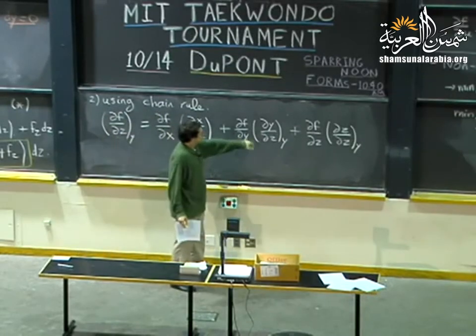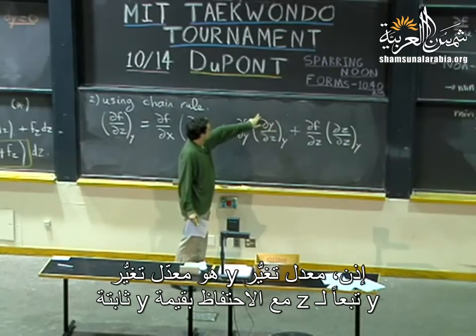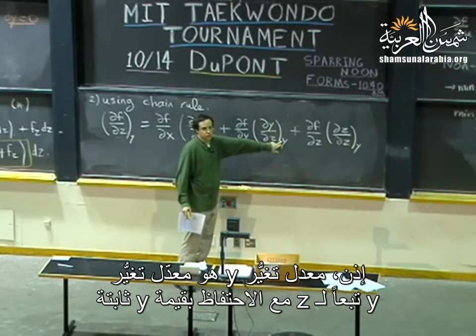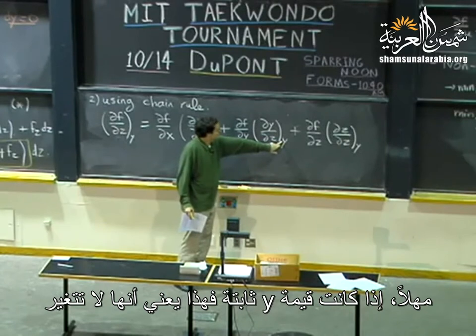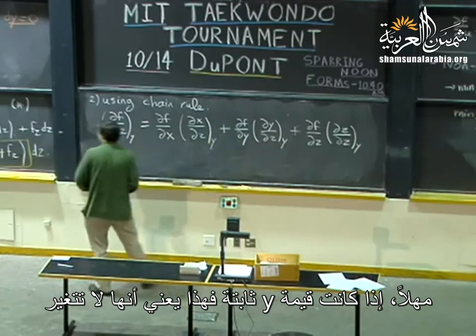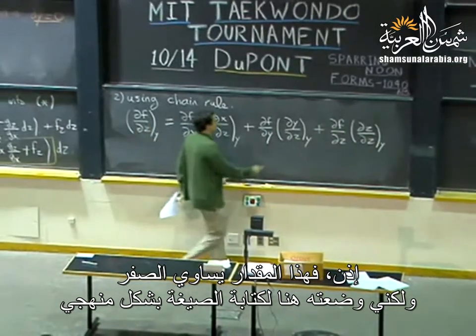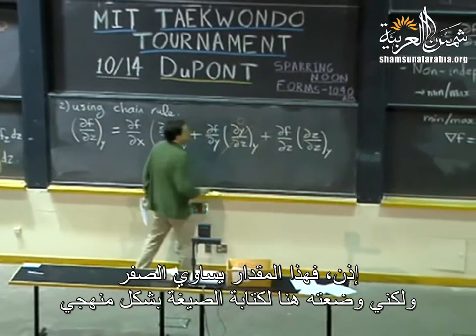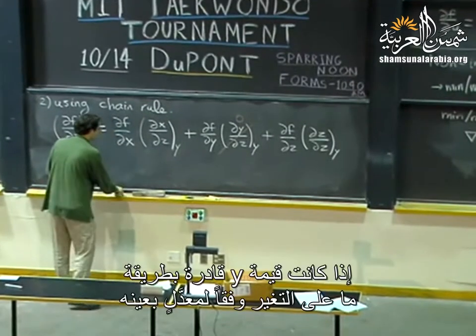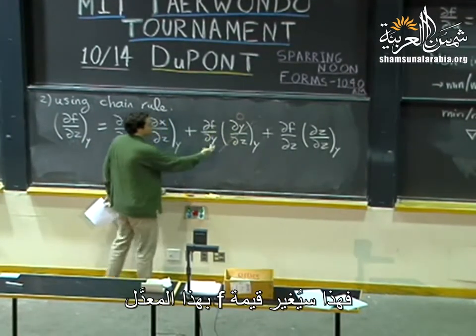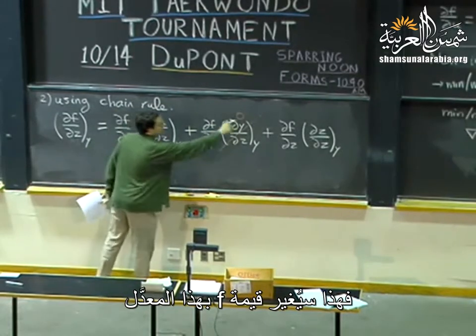Now, y might change. So the rate of change of y would be the rate of change of y with respect to z, holding y constant. Wait a second. If y is held constant, then y doesn't change. So actually, this guy is 0, and you didn't really have to write that term. But I wrote it just to be systematic. If y had been somehow able to change at a certain rate, then that would have caused f to change at that rate.